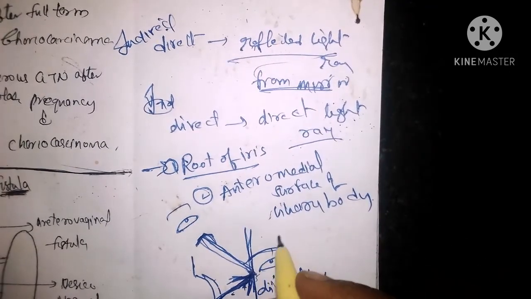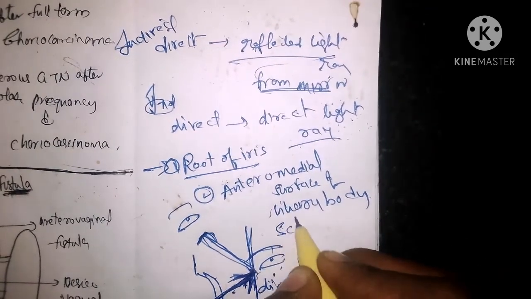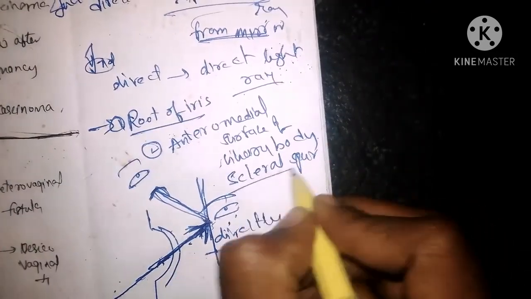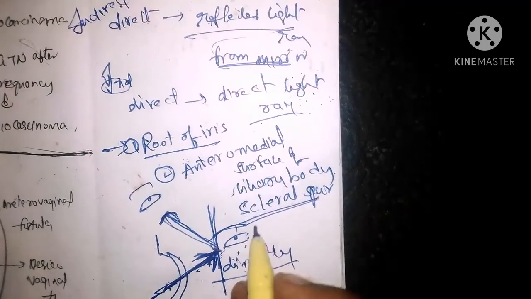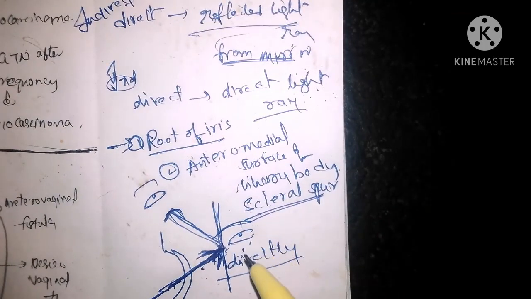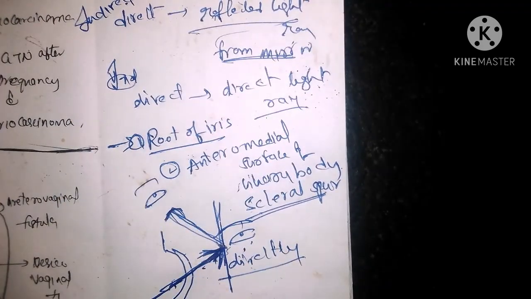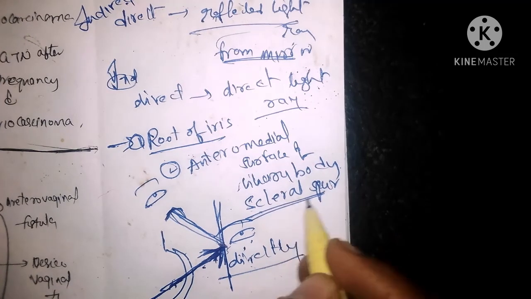Third is scleral spur. What is this scleral spur? This is the indentation of sclera into the anterior chamber. Okay, so we have sclera, right? This sclera indents into the anterior chamber. This is called scleral spur.